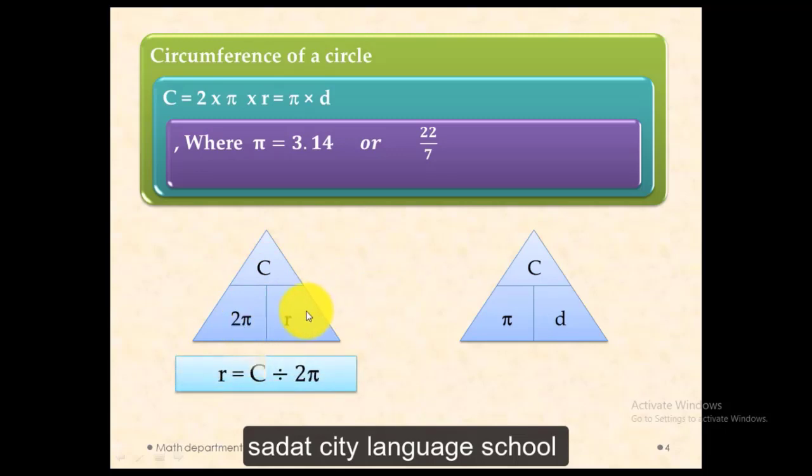But if I want radius, it equals circumference divided by 2 pi, or circumference over 2 pi. In the second triangle, if I want circumference, it equals pi times diameter. If I need diameter, can we find it? Yes. Diameter equals circumference over pi, or circumference divided by pi.